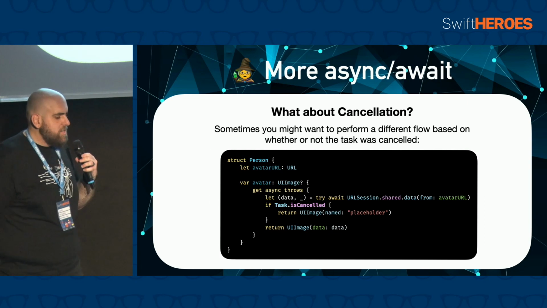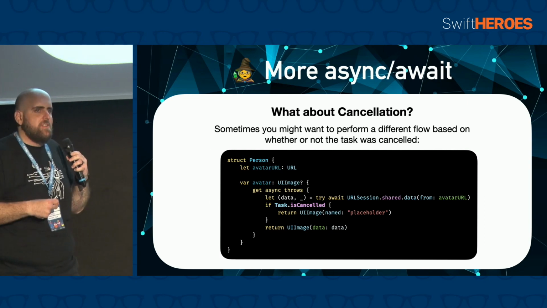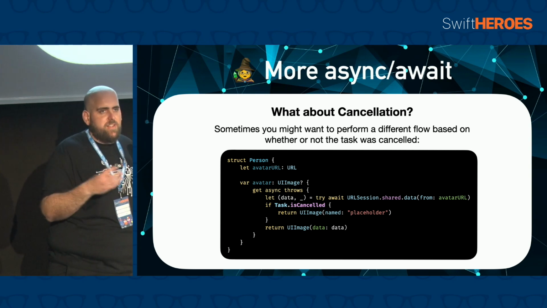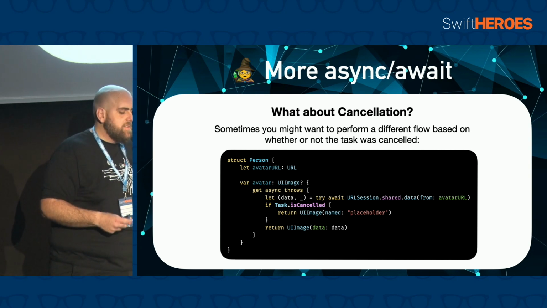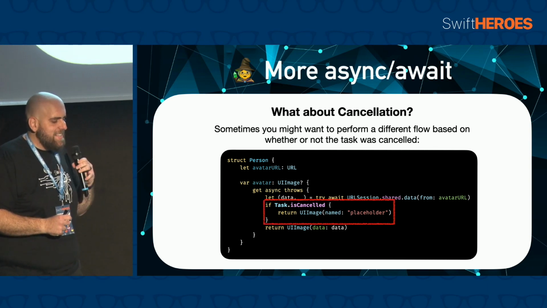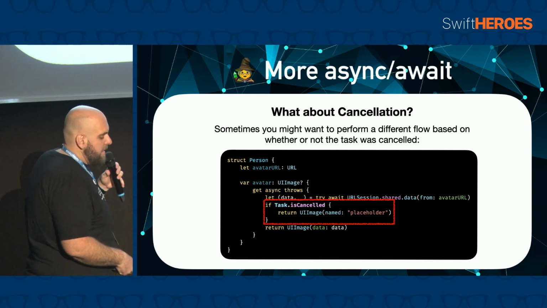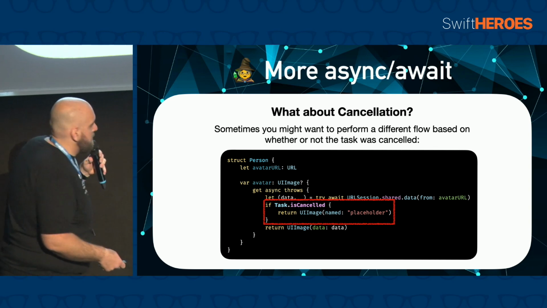And you can do that by checking Task.isCancelled, and it would again just check if the current task is canceled, and you can have entirely different logic in that case. Here I am just returning a placeholder instead of actually returning the image data.